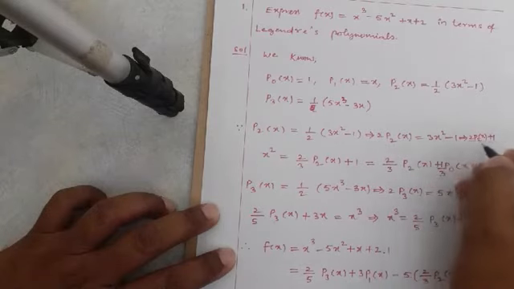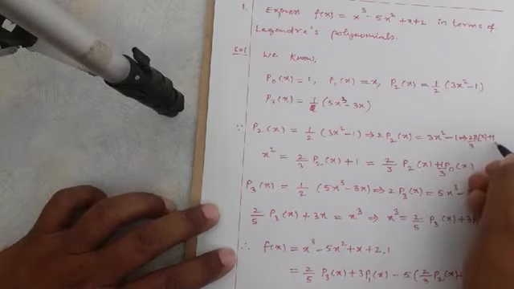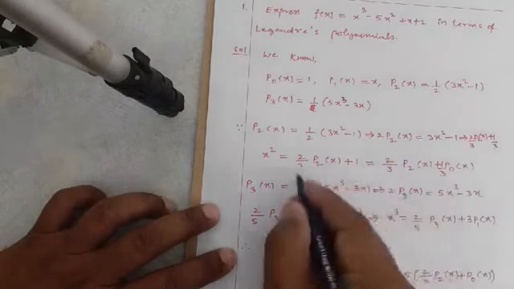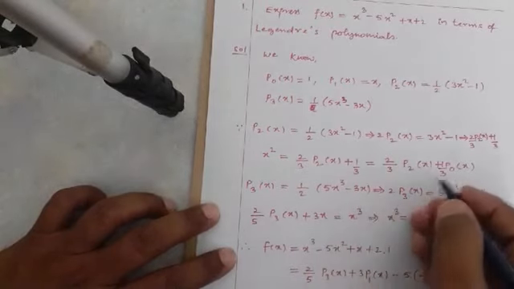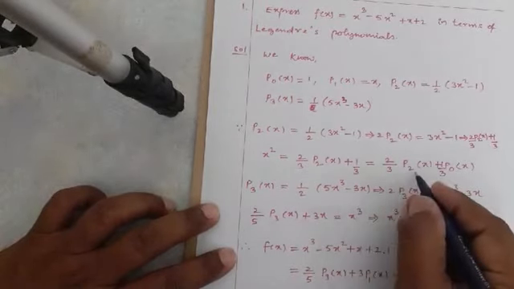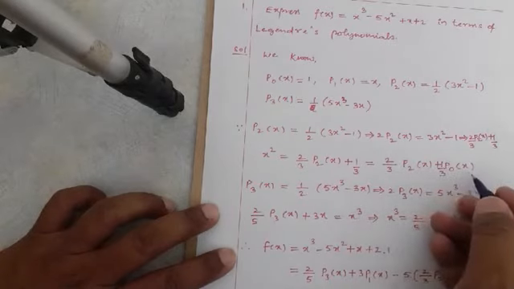So when you take upon 3 then we will have to write 3 for both. So this becomes 2 by 3 and 1 by 3, so that it becomes 2 by 3 p2 of x plus 1 by 3 p0 of x.